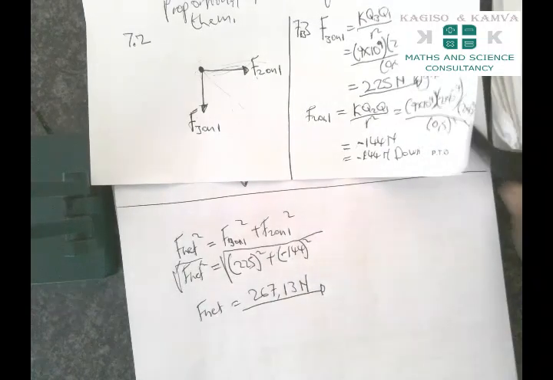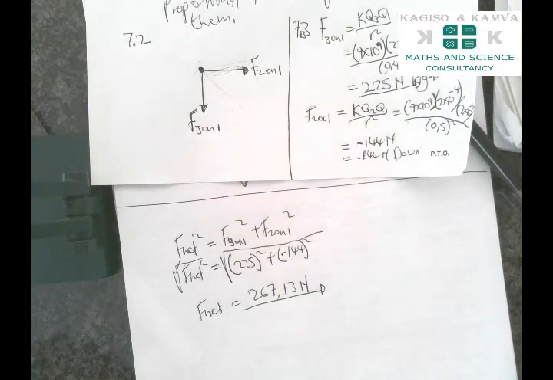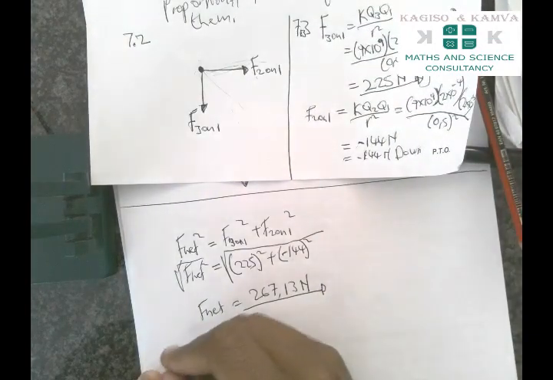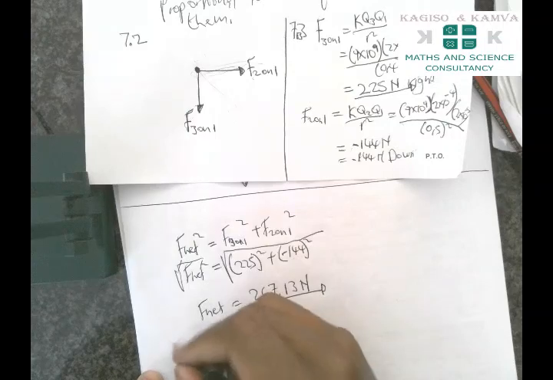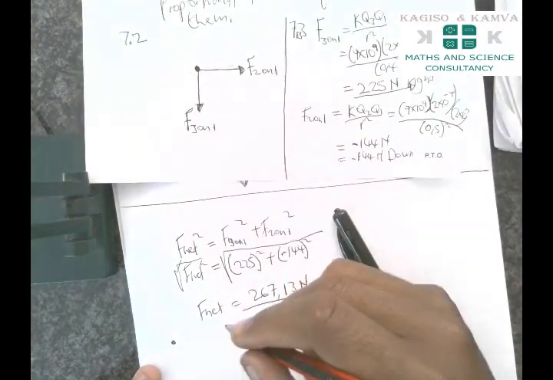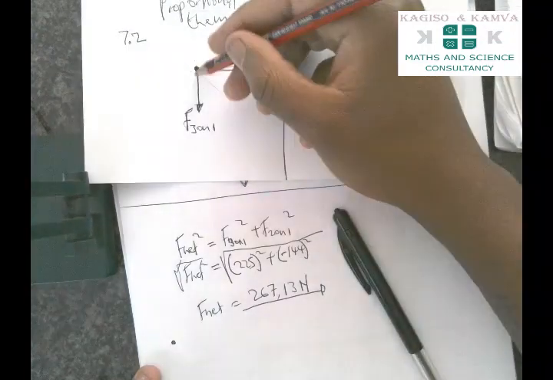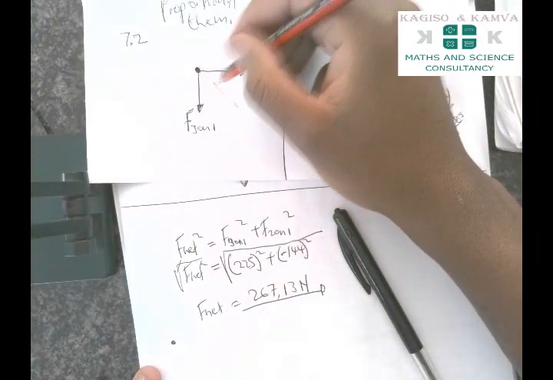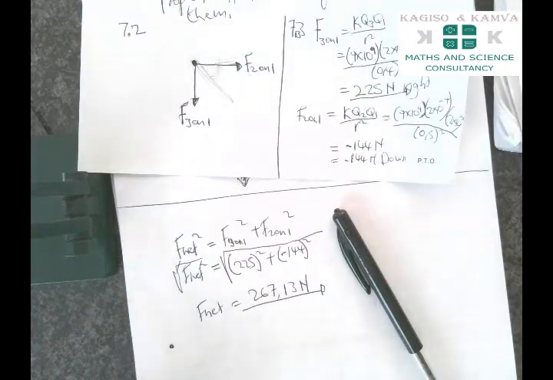Good. Now one other thing, good people, that I also want to discuss with you, which is not here. You can also be asked to determine the direction. Now with our direction, our theta is always drawn from the x-axis.